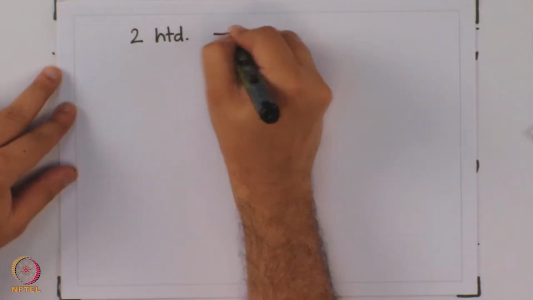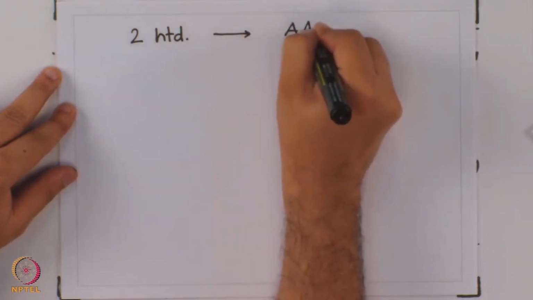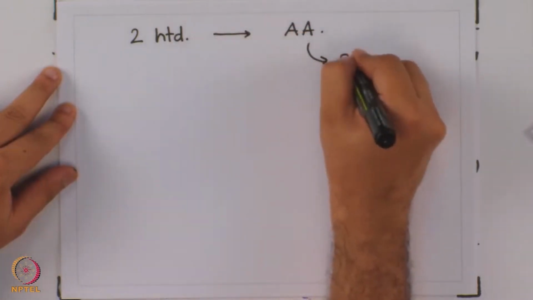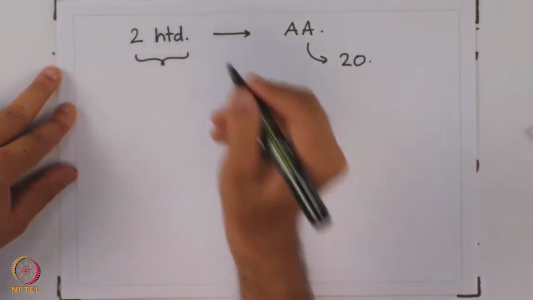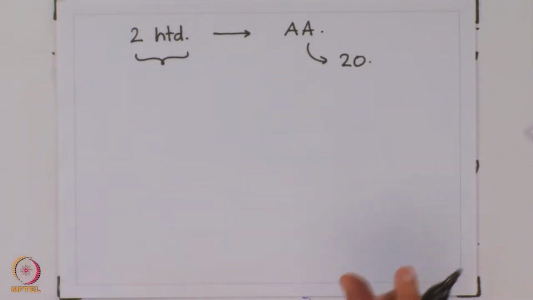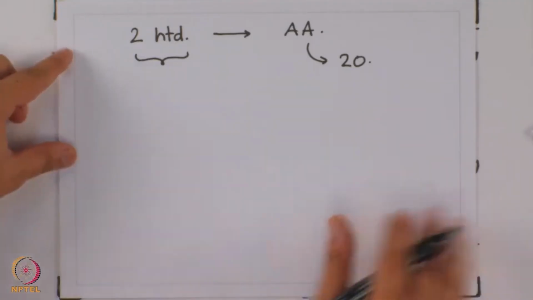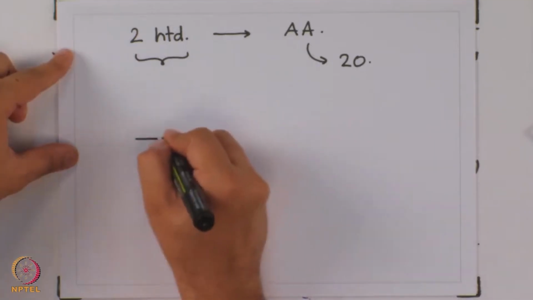Let's see. Now we have 2 nucleotides, a pair, corresponding to an amino acid. These are 20 in number. We want to see how many distinct nucleotide pairs we can make using 2 nucleotides at one time. So we have to fill 2 places.